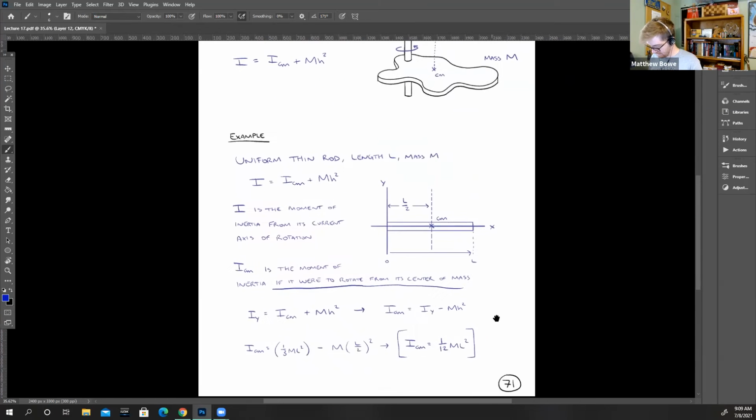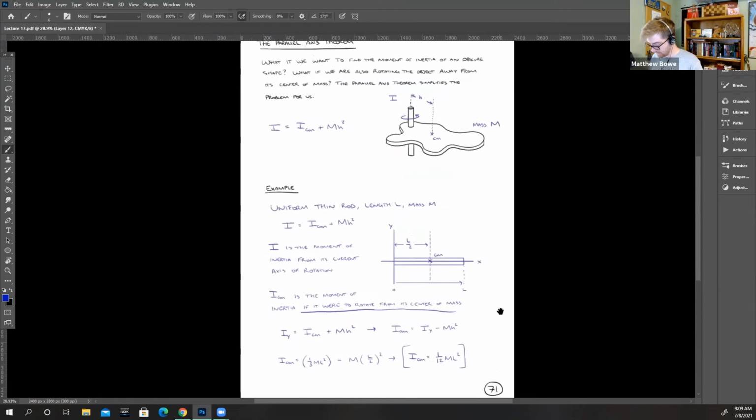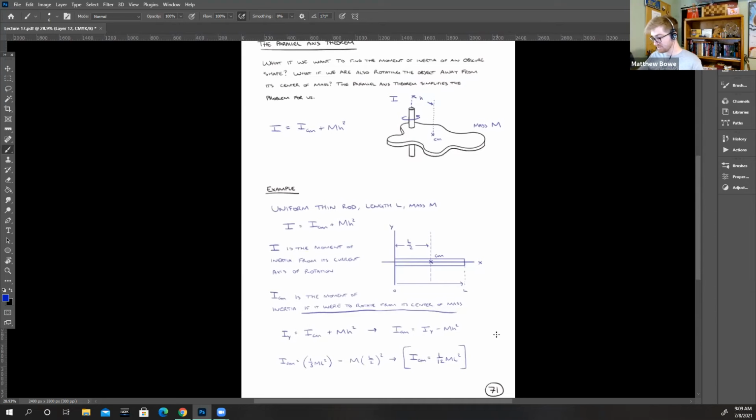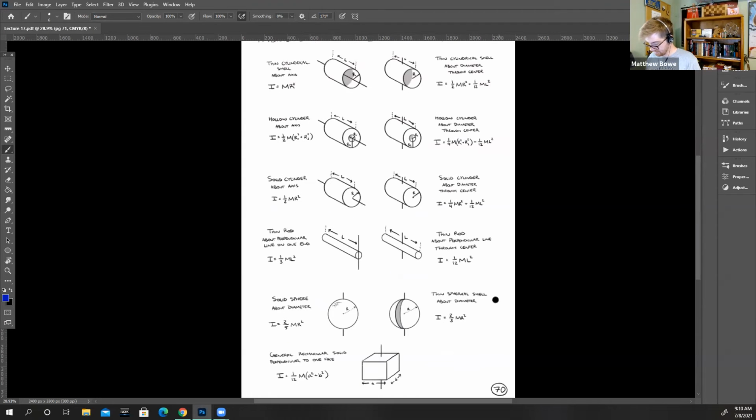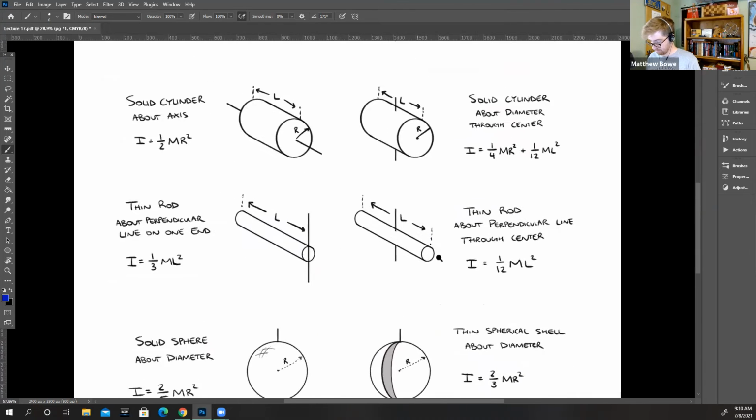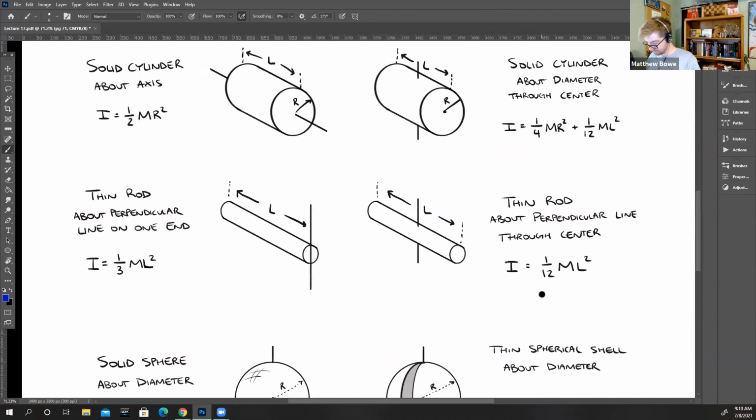And if we take that result, specifically using the parallel axis theorem, that was the reason we were able to find this. Specifically using that, we go back. We see that is what it is on the chart.